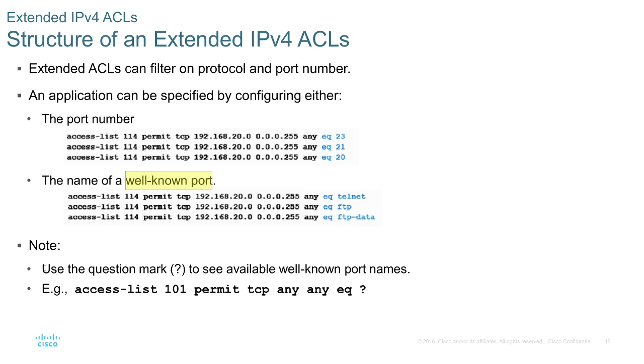In Cisco IOS, you can use the question mark command to find the supported well-known port names. But other than that, if you know a particular port, you can put, for example, 80 here. That is up to you.